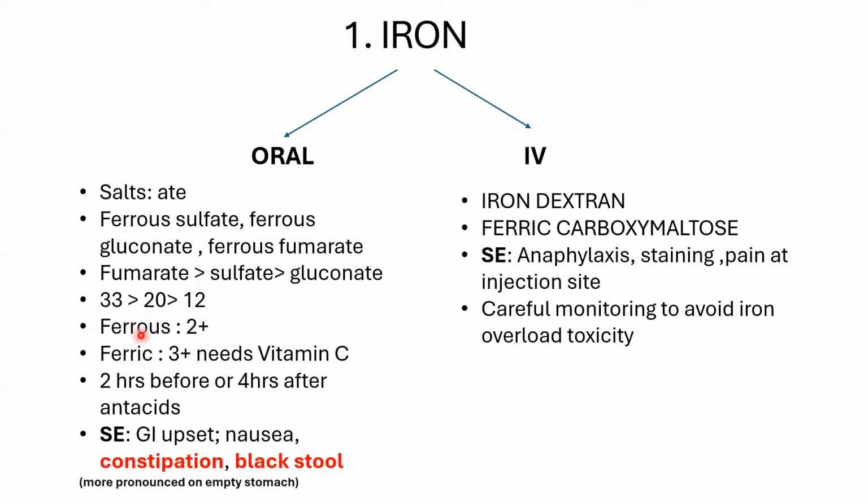Now, why do we give ferrous and not ferric? Even in food, in meat and vegetables, the iron naturally exists as ferric. However, the reason we give supplements as ferrous is because, subhanAllah, our intestines are made like this. The main site of iron absorption is the duodenum, right?